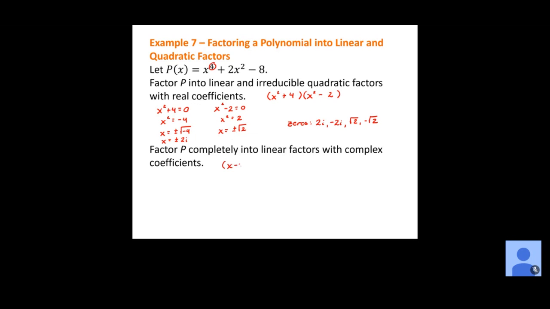We're going to have x minus 2i, x plus 2i, x minus the square root of 2, and x plus the square root of 2. So again, the difference is that the first one is just irreducible quadratics because I can't get any other factors there without using irrational numbers or imaginary numbers. But if you want the linear factors, you have to find all the zeros and actually use the irrational and imaginary values for those linear factors.